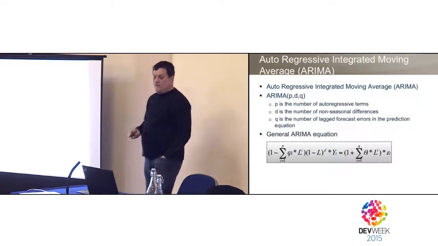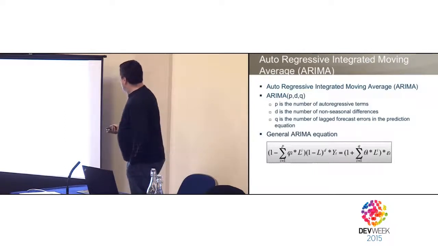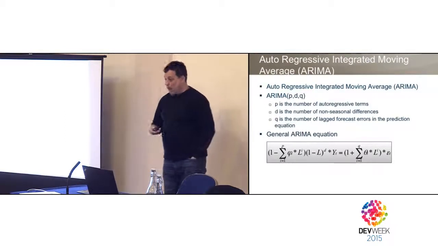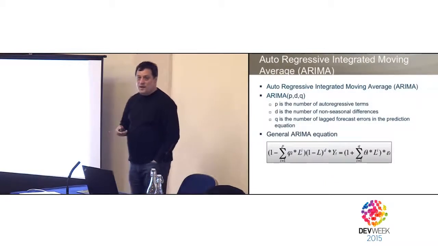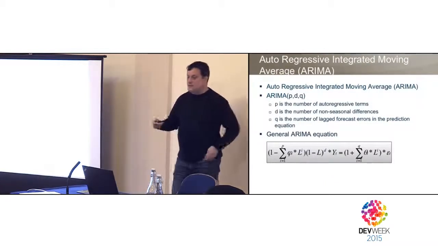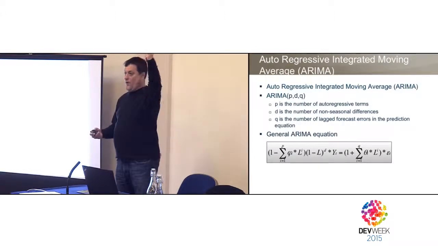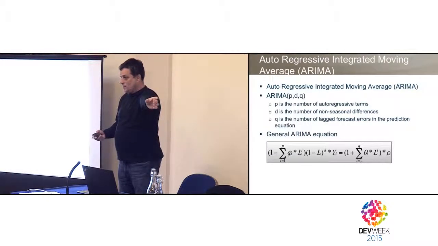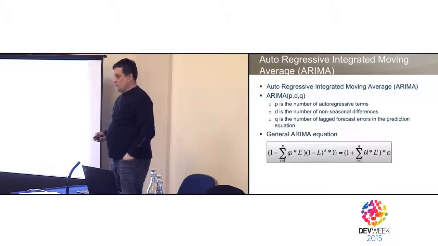So we can define the general autoregressive integrated moving average formula. And this is not a single formula, this is a family of formulas, depending on how many time points you take for lag operator on values, lag operator on errors, and difference operator on values.